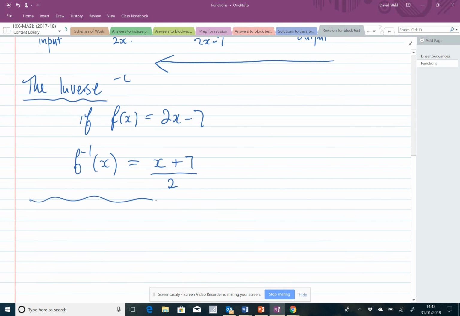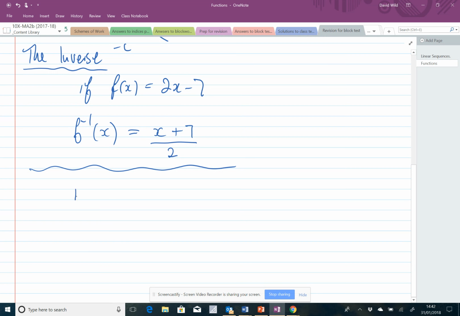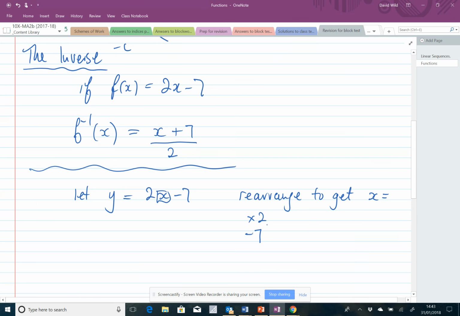Now, you may recall that that's the same process as saying let y equals 2x minus 7, and then we rearrange to get x equals. So what do we do to do that? Again, we multiply by 2 from the x to get 2x, and then we subtract 7, and we do the reverse.